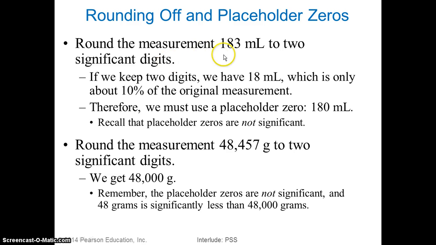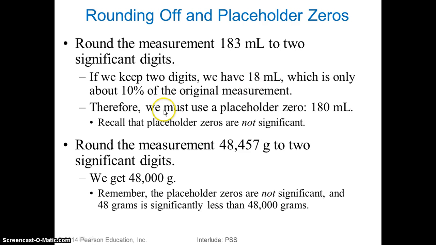Round the measurement 183 milliliter to 2 significant digits. If we keep 2 digits, 183 milliliter would become 18 milliliter, but we cannot round 183 milliliter to 18 milliliter, because the value changes.